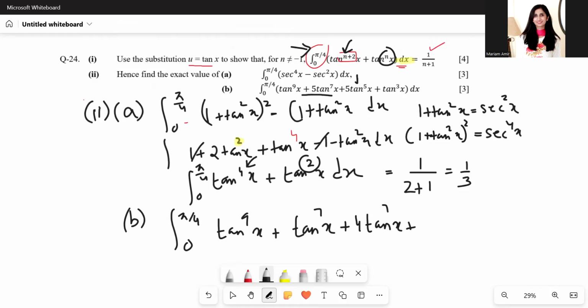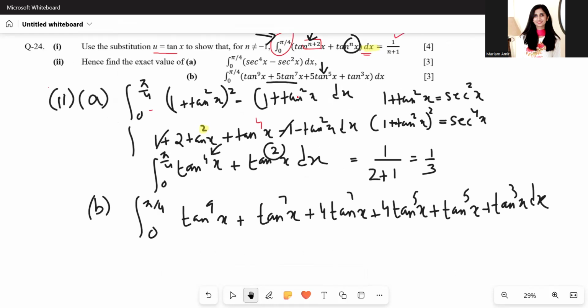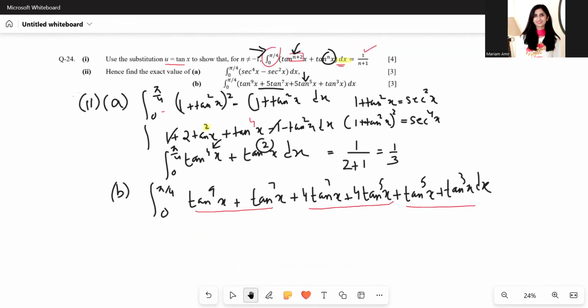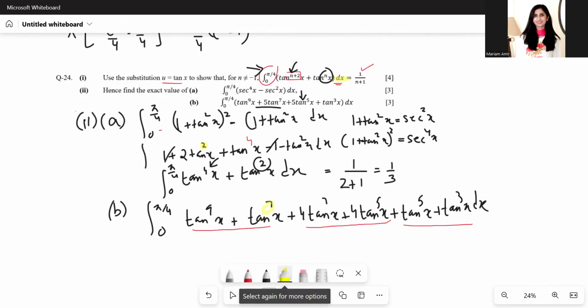And then here we'll write 4 tan 5x separately and a single tan 5x separately. And in the end, we have tan cube x. Now we're going to keep using the result shown in part 1 in these pairs. So we'll use that here, and then we'll take 4 common and use that here, and then we'll use that here. So here n is 7.